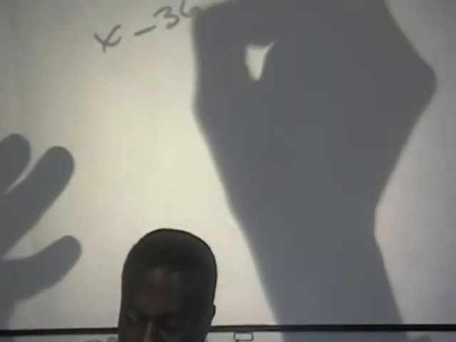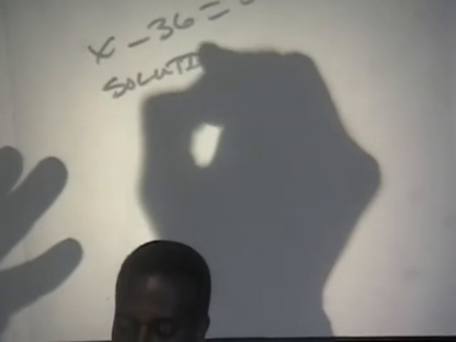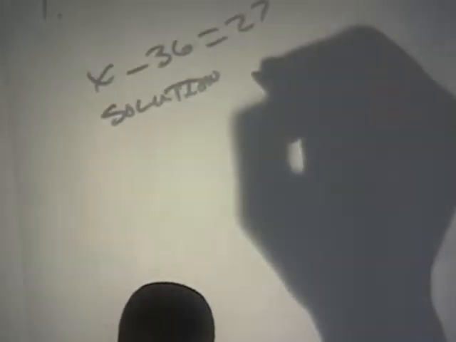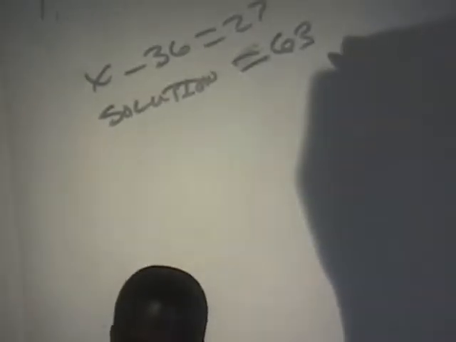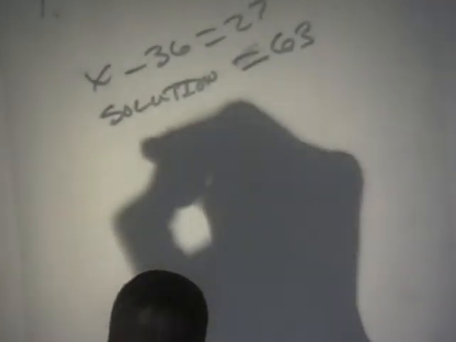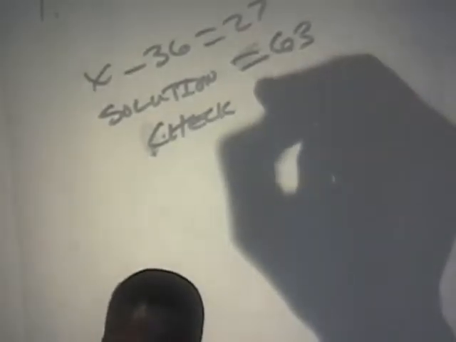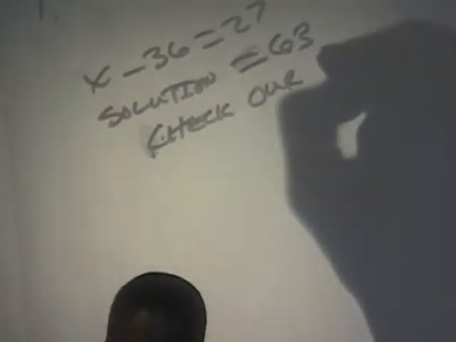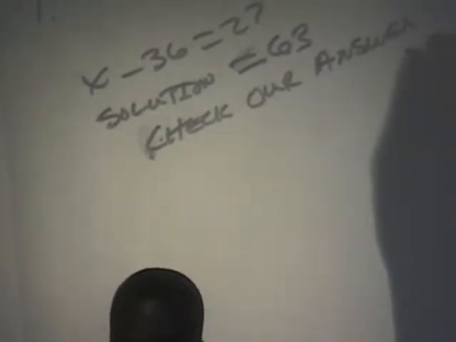63. Let's check it. Here we go. Our problem was x minus 36 equals 27. What do we get for our solution? Our solution is 63, not 36, I'm sorry. We're going to check our answer. How do we check it?